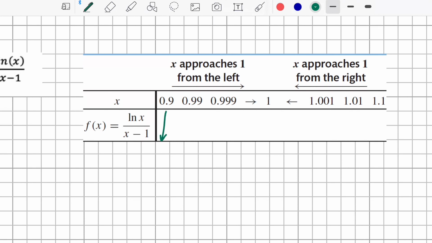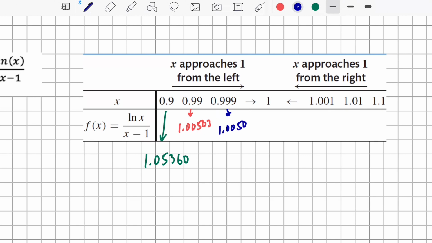So if I plug in this 0.9, we get 1.05360. Then if I plug this one in, we get 1.00503.